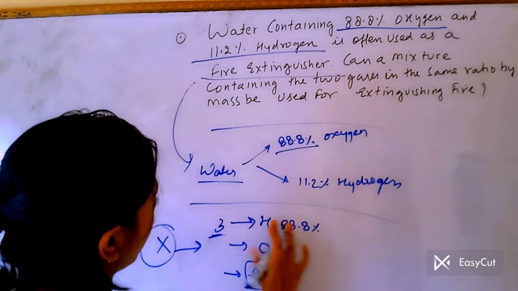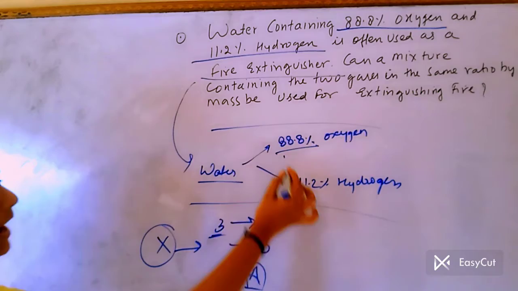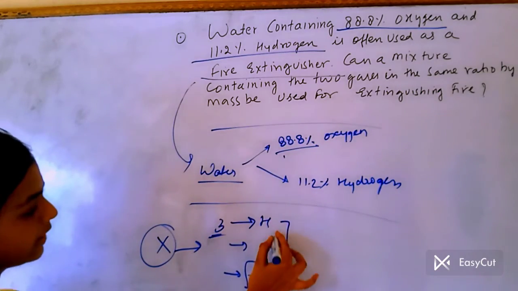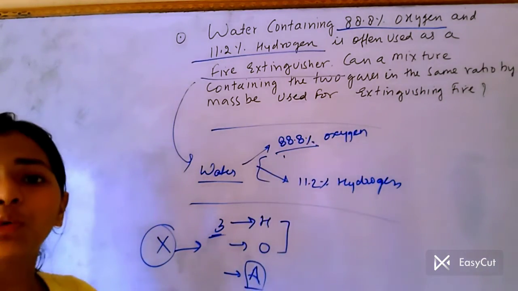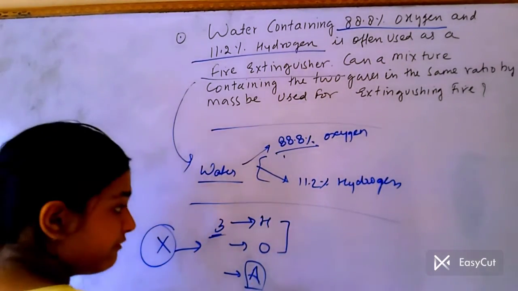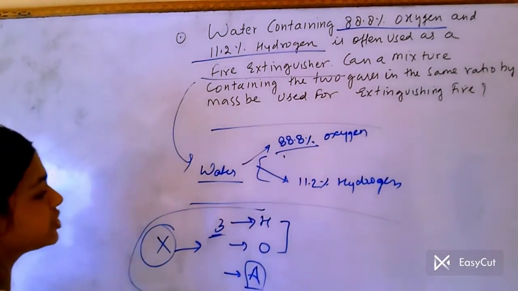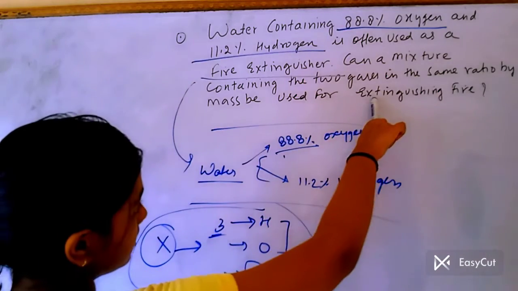The ratio of the mass is the same in both cases. Hydrogen and oxygen mass ratio will be the same, and it is asking, can we use this mixture to extinguish fire?